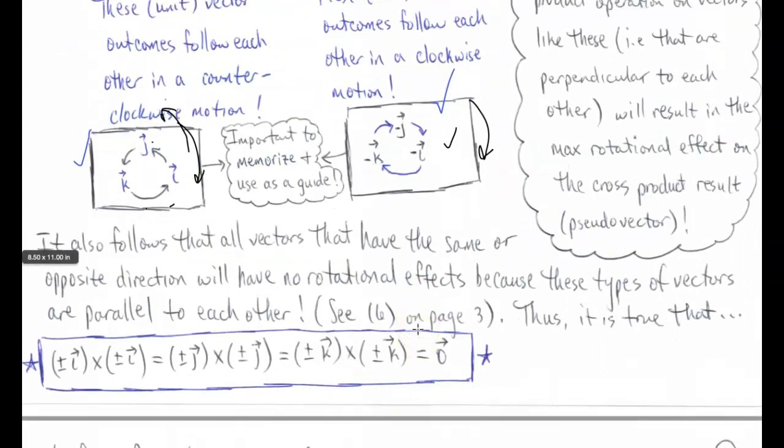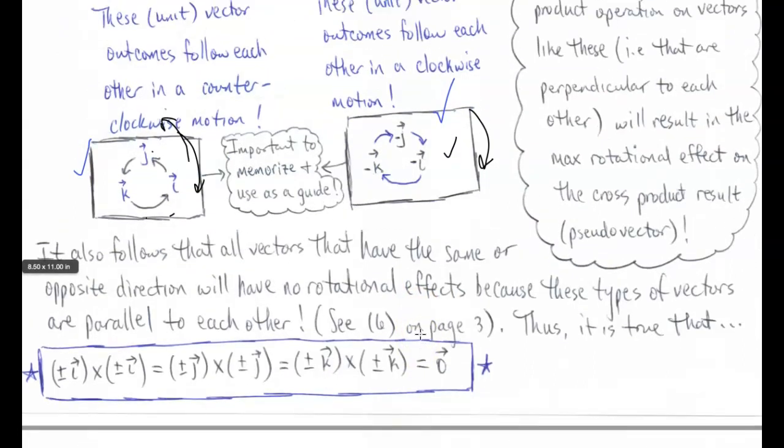Now, taking that into account, remember that if I take a vector I and cross it with itself, it's going to be pointing in the same direction. So that means the result of that should be the 0 vector.